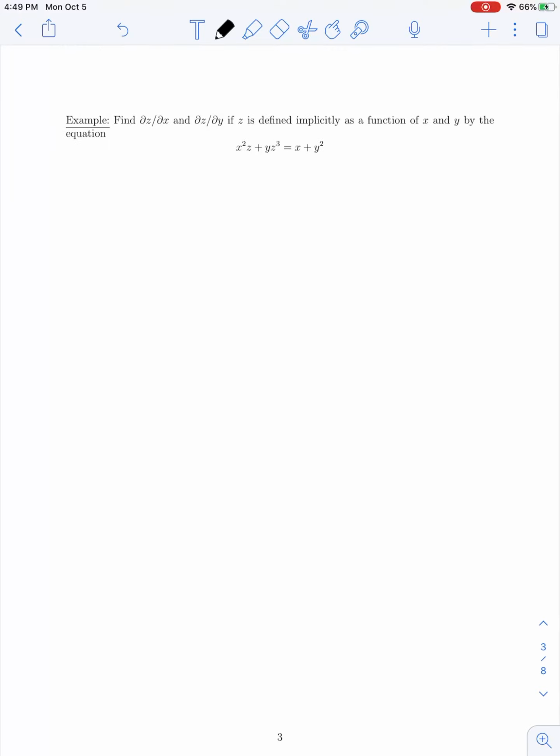Now let's look at an example of finding partial derivatives of a function which is defined implicitly in terms of x and y. As you recall from Calculus 1, not every function of x can be defined explicitly in terms of x, that is, as a function of the form y equals f of x.